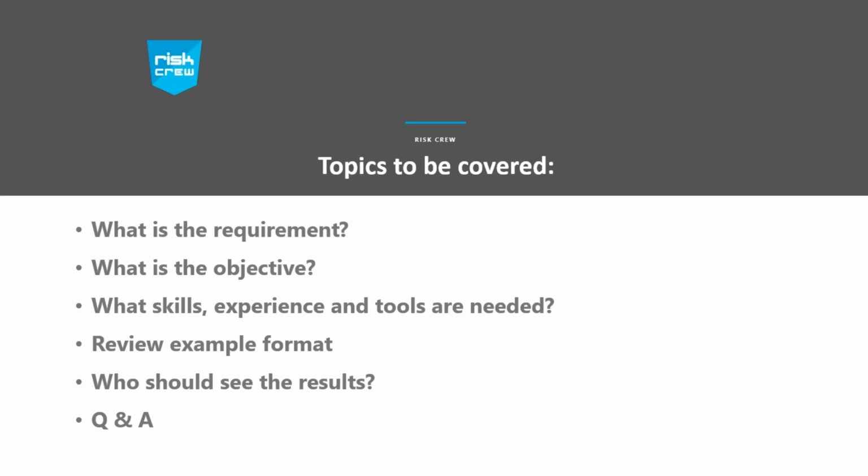To be able to go through this comprehensively today, we're going to talk about the requirements of a DPIA, what is actually required to come out of a DPIA, the objective of the DPIA, and because it's so process-based, what skills, experience, and tools are needed. Hopefully, during the webinar, we'll be able to review an example of a completed DPIA and talk about who should actually be involved in seeing the results, who needs to see the results, and what impact the result could have.